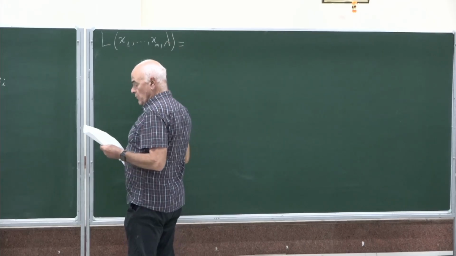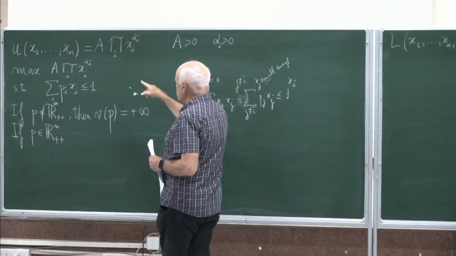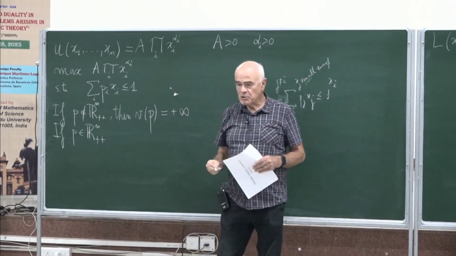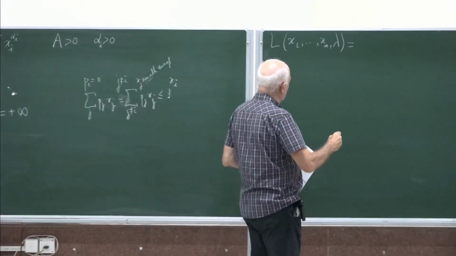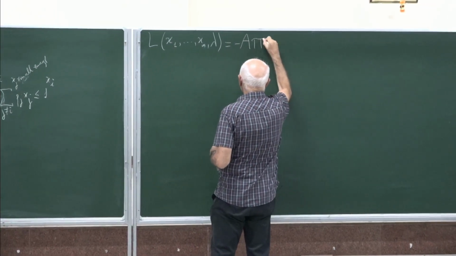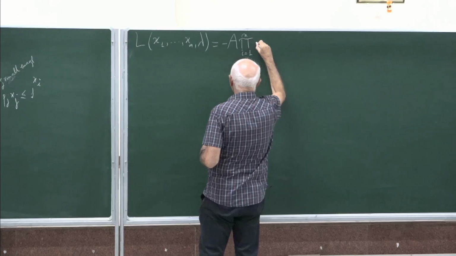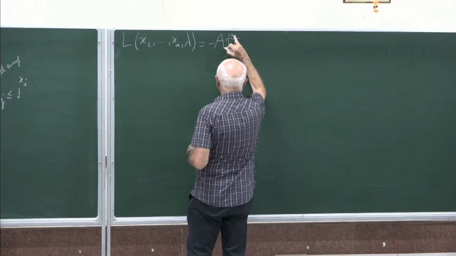I use the format for the Lagrangian of a minimization problem, so I change the sign of the objective function. I prefer it.